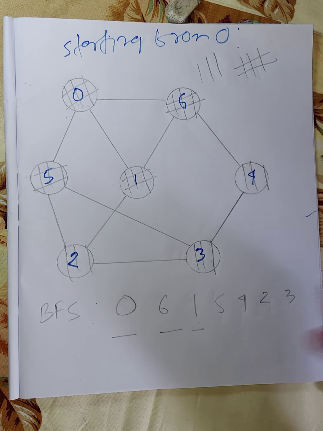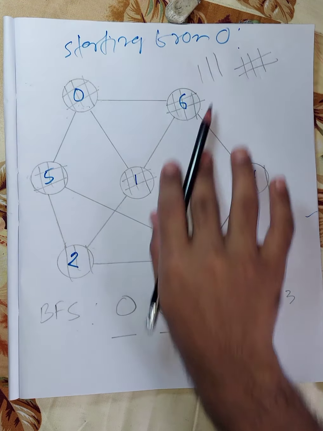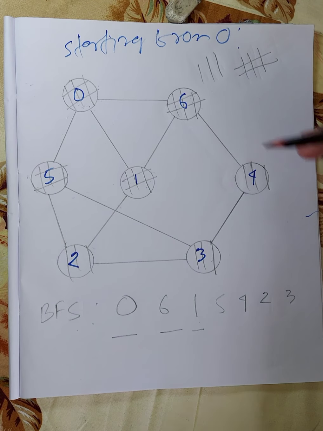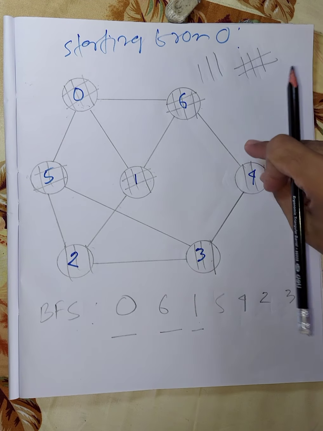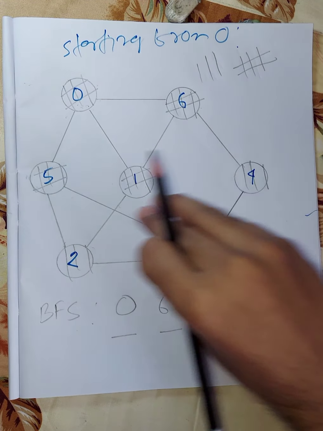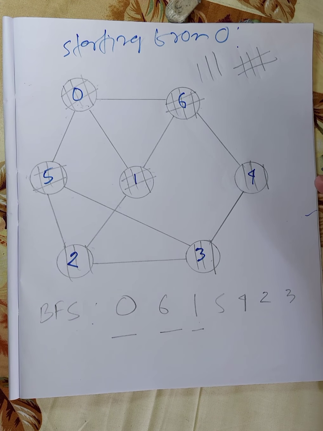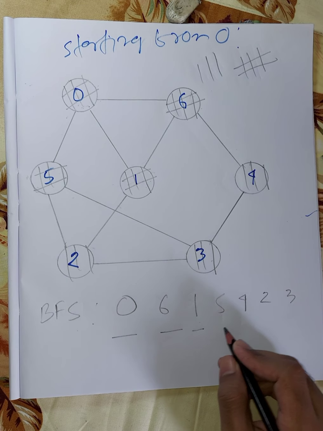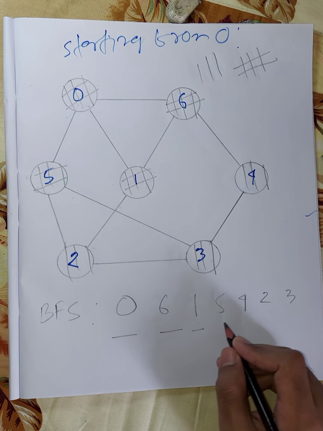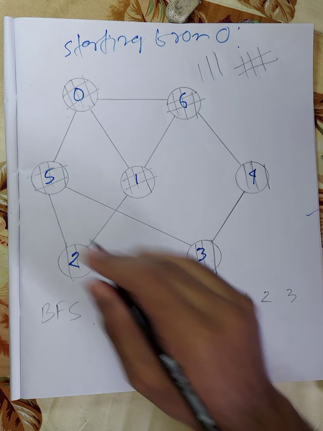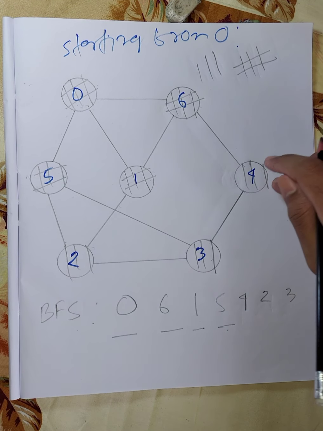Now see, these parts are completely explored. So now these vertices would also be completely explored. So now starting from 4, this is completely explored, so I have to underline it. So I'm starting from 4.